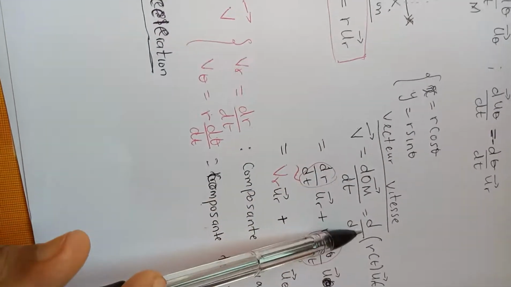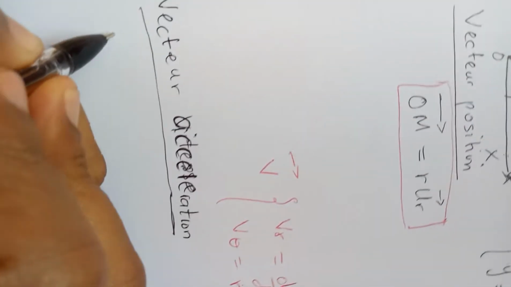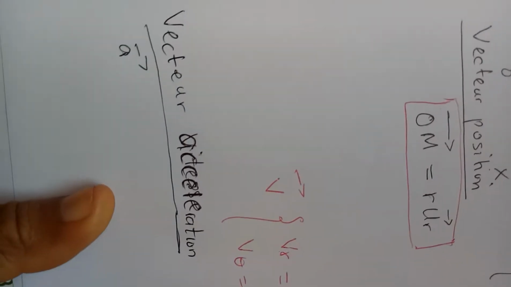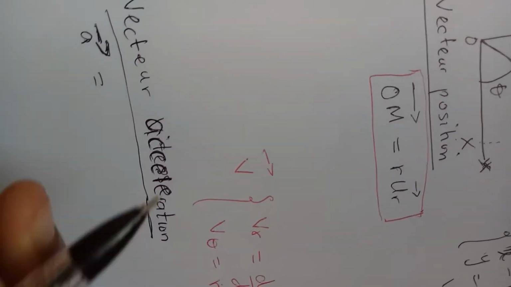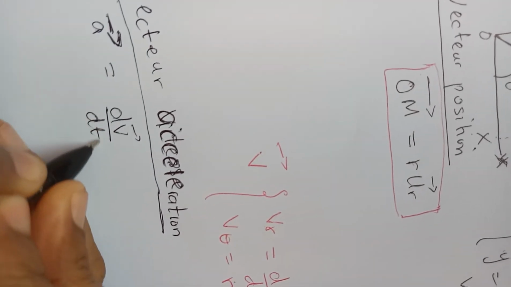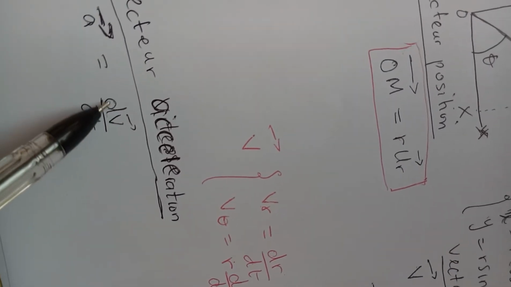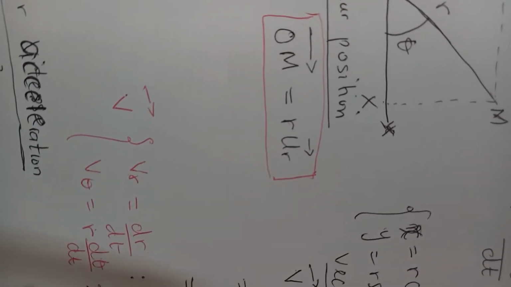So I'm going to repeat the same process. Acceleration, which we denote in vector. Don't mind my vector sign, but you get the point. So it's dv over dt, we're deriving it from velocity. And what was our v?